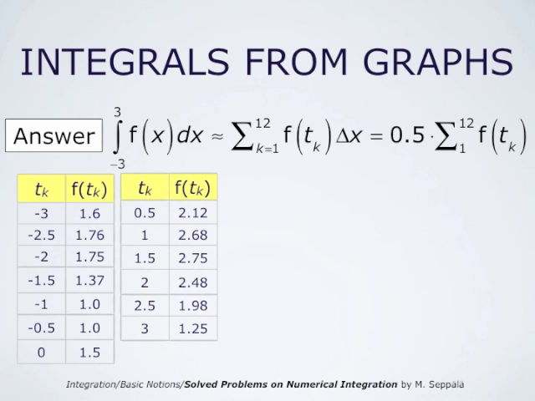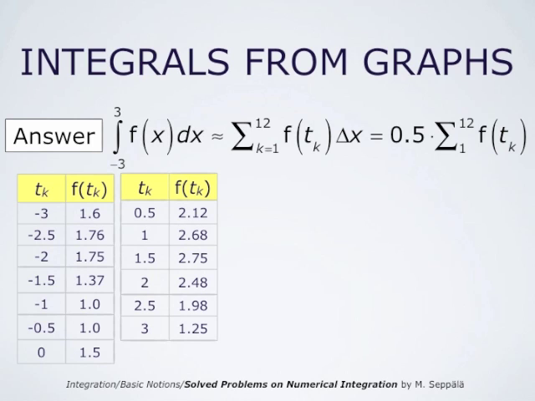So we have these values for the function at the endpoints of the subintervals of this decomposition, and the Riemann sum is now the summation for k from 1 to 12 of f at the tag point tk times delta x. And the tag points are the left endpoints. And delta x is 0.5. That can be taken outside as a common factor, and we have that our approximation for the integral from -3 to 3 of f of x dx is 0.5 times the sum of the values of the function at the points tk.